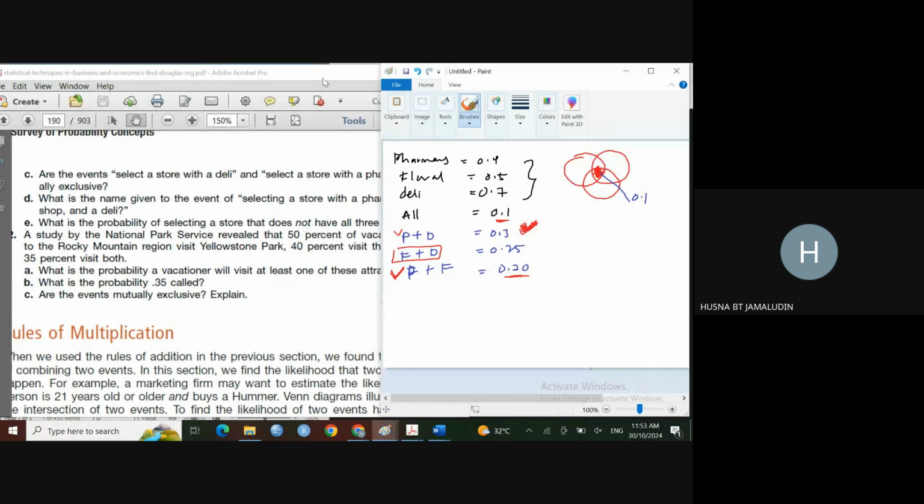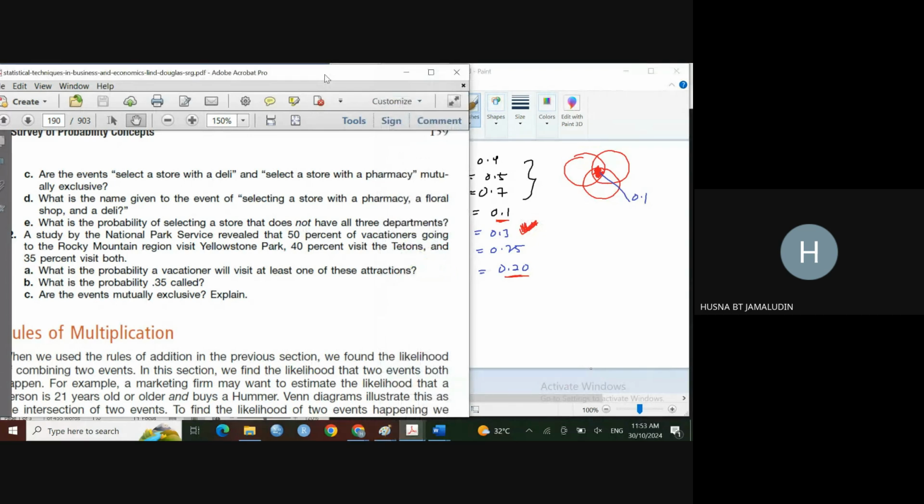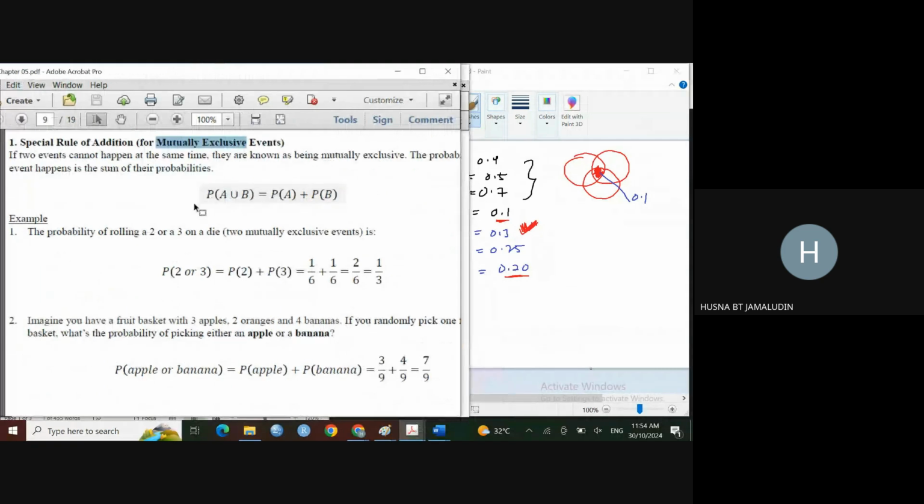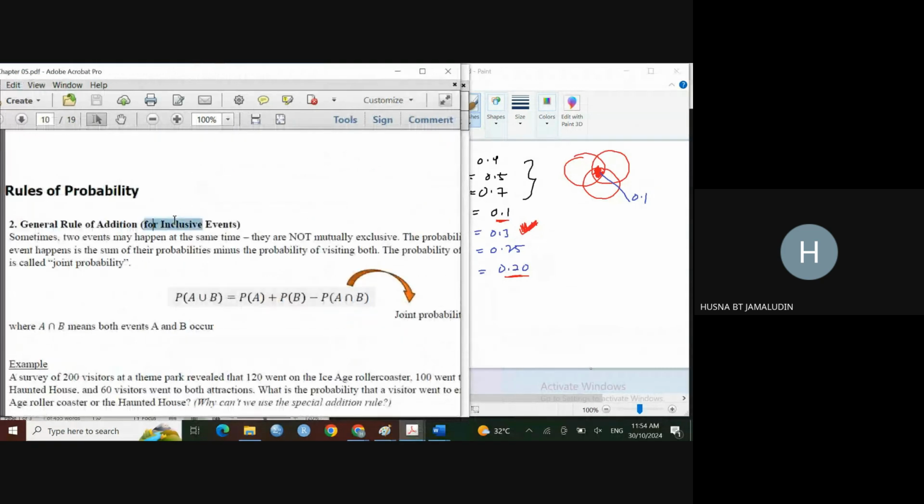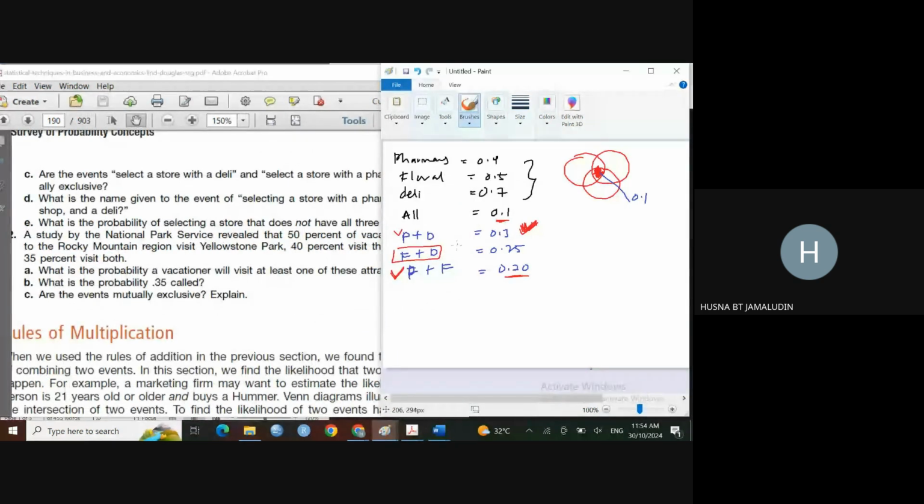So if they are not mutually exclusive, what do you call them? You will call them either an inclusive event or joint probability. Let's refer to the notes. In this case, perhaps this is your pharmacy, this is your deli.